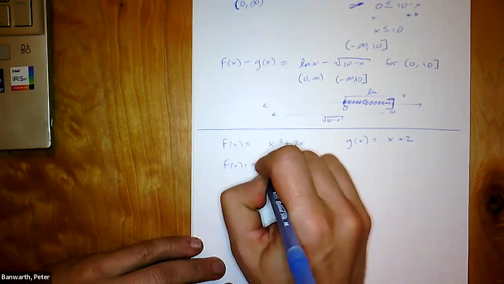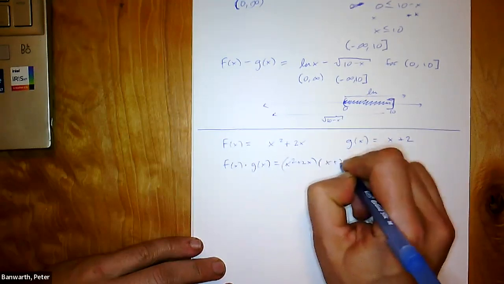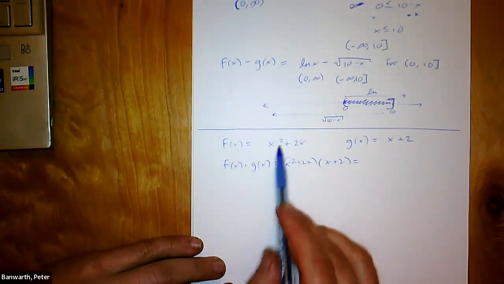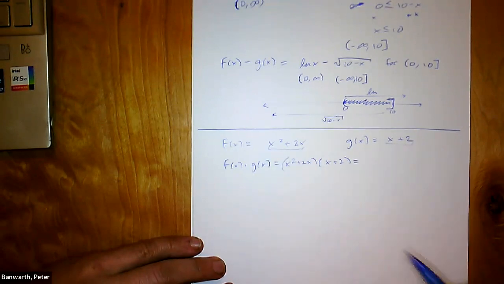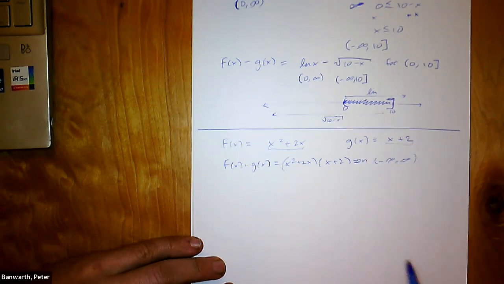F of x times g of x is x squared plus 2x times x plus 2, which I can multiply out if I want. Let me just check my domains. This can be any number, this can be any number, so I'm okay. All right, so on all real numbers.